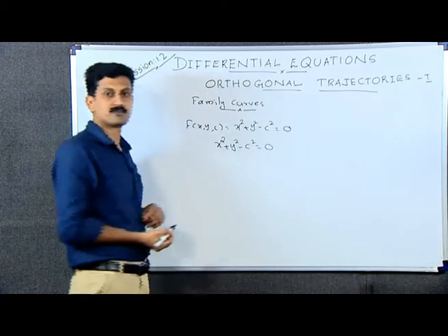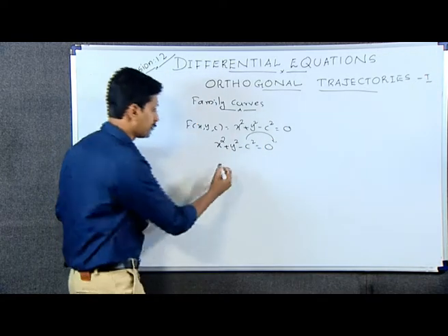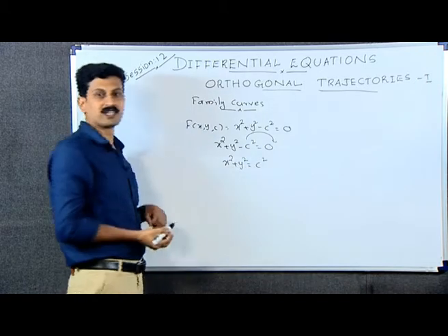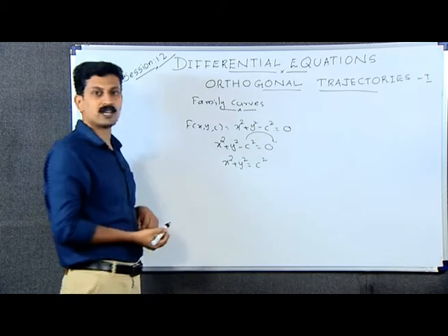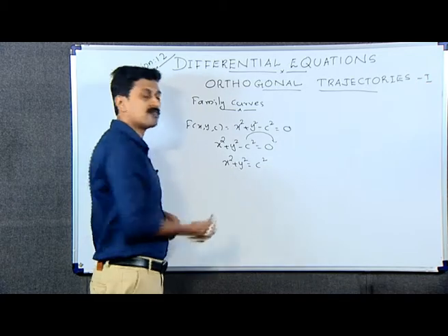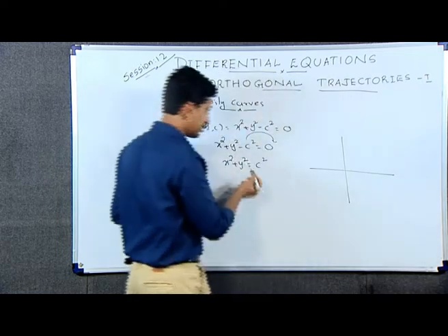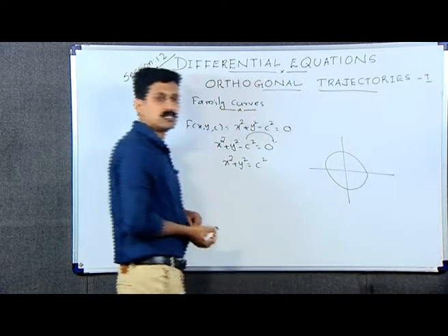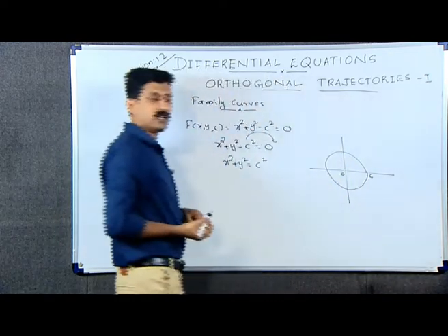From our basic high school classes, we know that x square plus y square equal to c square is a geometric structure: circles centered at the origin with radius c.